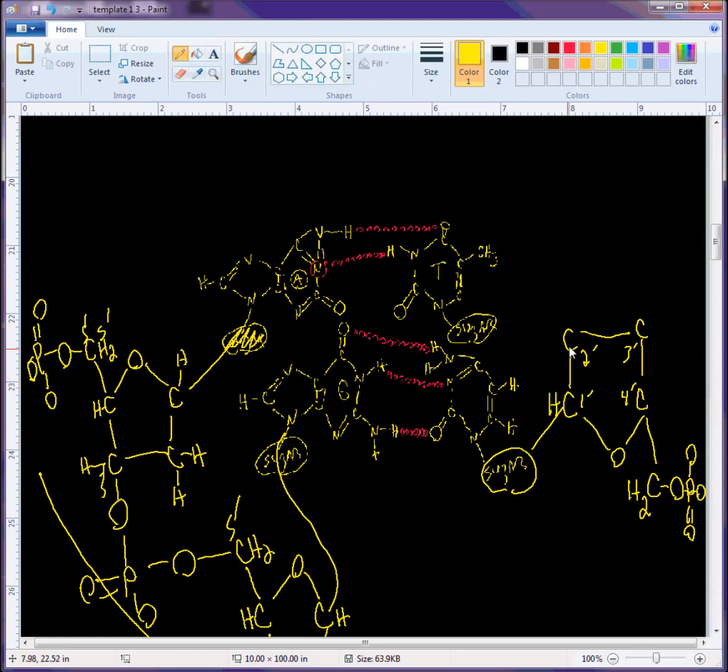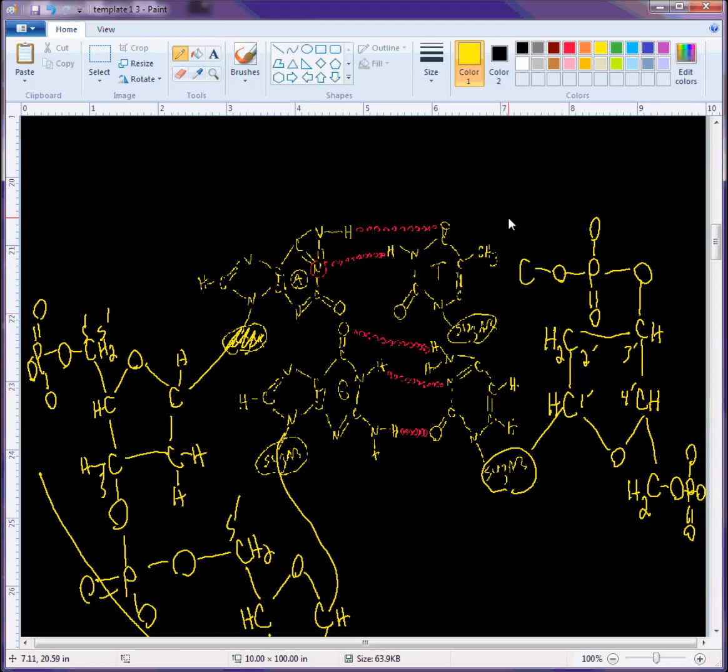We only have 2 bonds here, so we're going to put 2 hydrogens in there to take up those other 2 bonds to the carbon. Hydrogen right here, and this one is where we're going to have our 3' carbon. This is where we'll have our phosphate, phosphodiester linkage, and we need 1 hydrogen there too. So oxygen, phosphate, oxygen, oxygen.